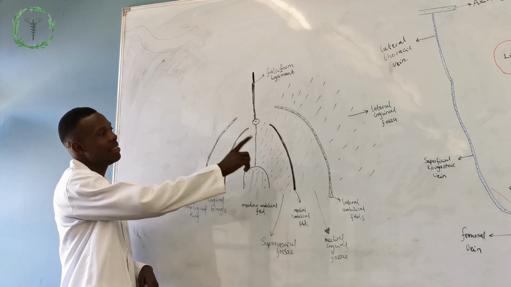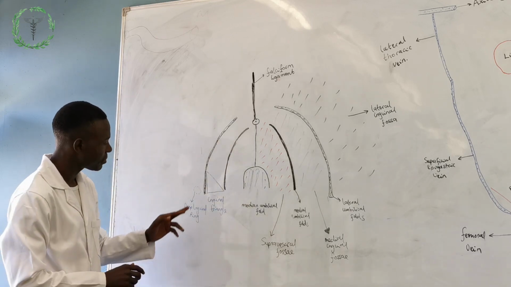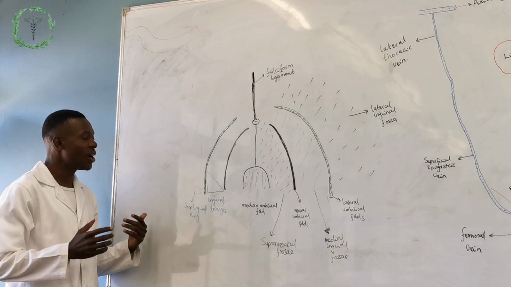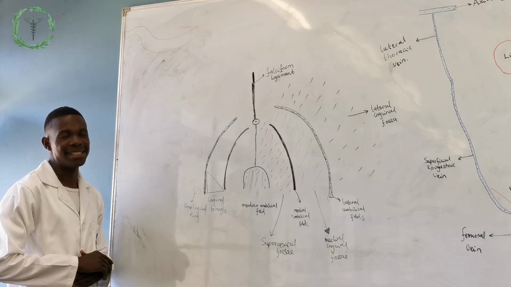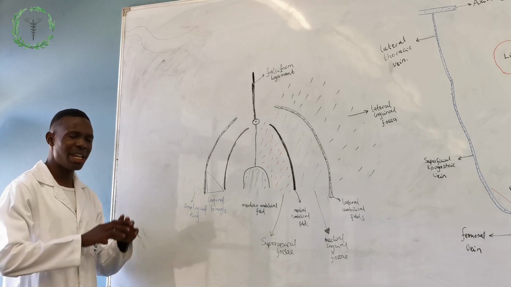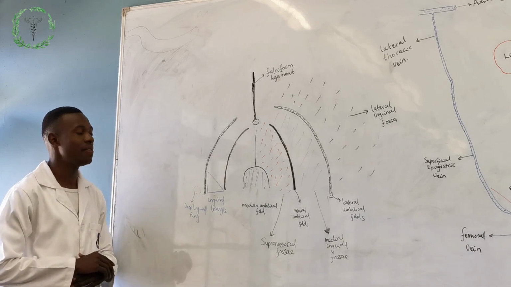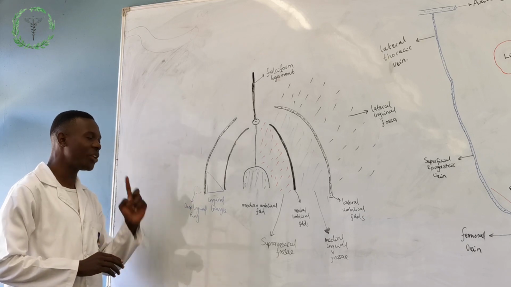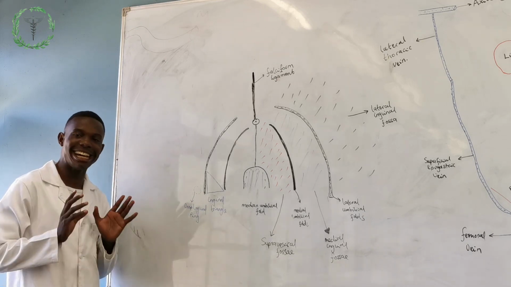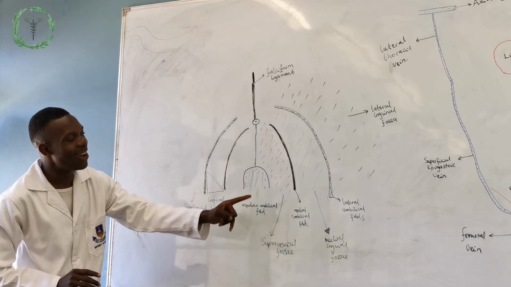And then here, the lateral inguinal fossa. In the lateral inguinal fossa, we have the transversalis fascia, and an opening in the transversalis fascia that forms the deep inguinal ring. The deep inguinal ring is lateral to the lateral umbilical fold.